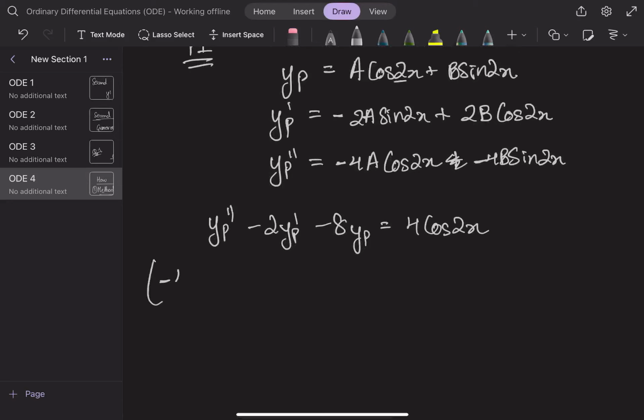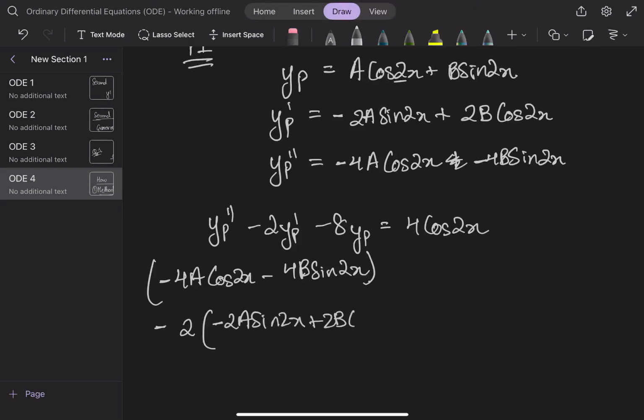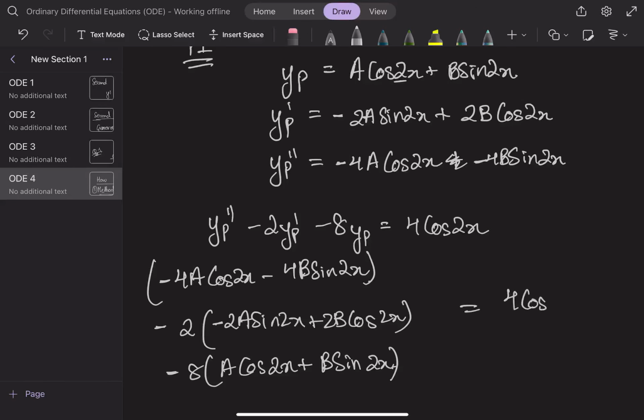You get minus 4a cos 2x minus 4b sin 2x minus twice of (minus 2a sin 2x plus 2b cos 2x) minus 8 times (a cos 2x plus b sin 2x) is equal to 4 cos 2x.